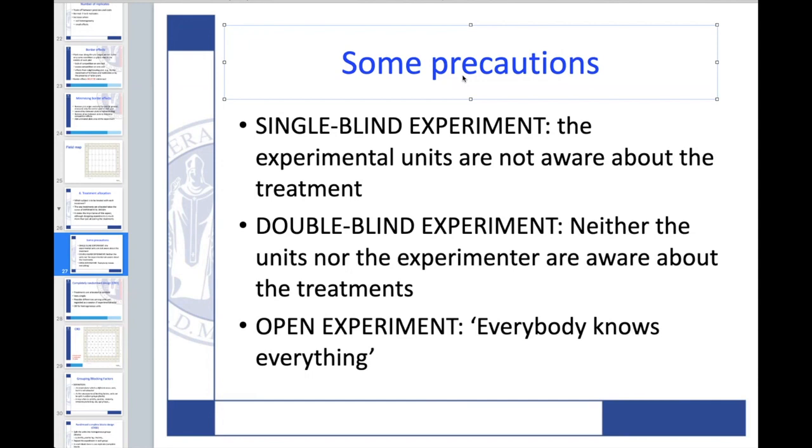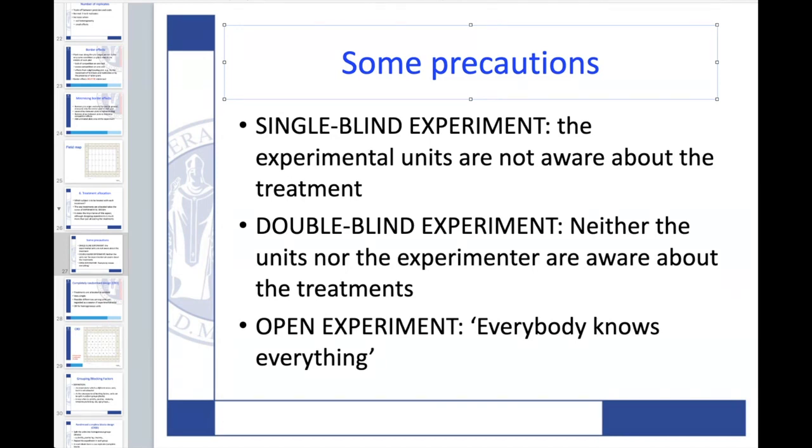With agriculture, the other situation is more common, where the experimenter doesn't know what treatment has been assigned to a particular unit. We use such a scheme when we spray herbicides and then we make visual assessments. Then it is really very dangerous to know in advance what treatment has been assigned to a certain plot, because we might be influenced when we make the visual assessment.